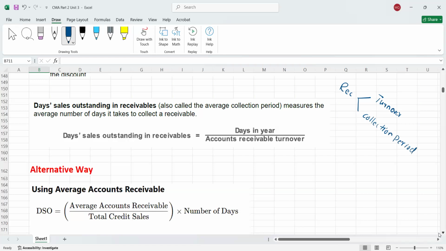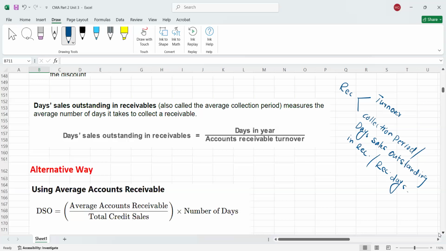The collection period is also called days sales outstanding in receivables, or it is also called receivable days. Any name he can use, please remember.